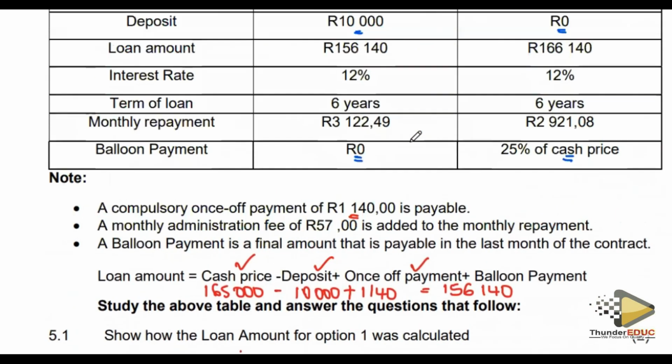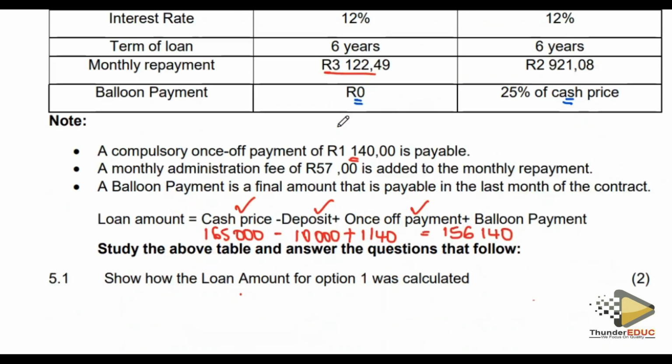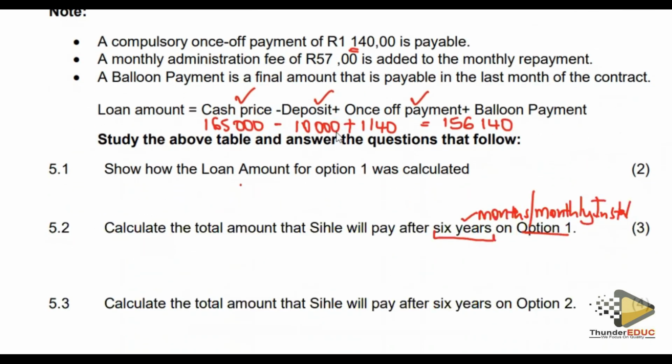Look at how much the monthly installment was. Here in option 1, it's 3,122 rand 49 cents. So we shall write it and say 3,122 rands 49 cents times the number of installments.